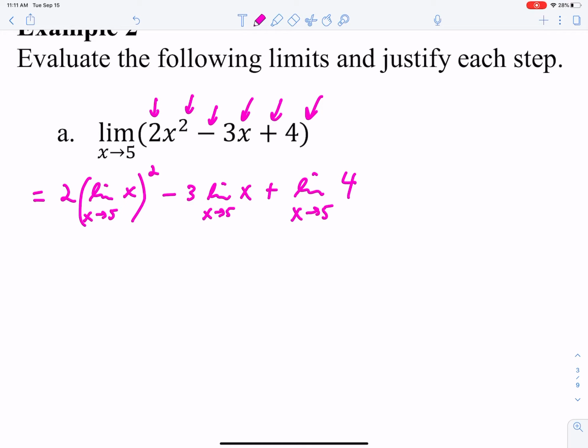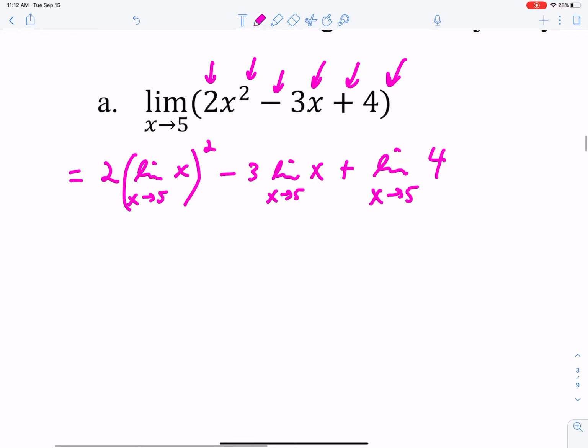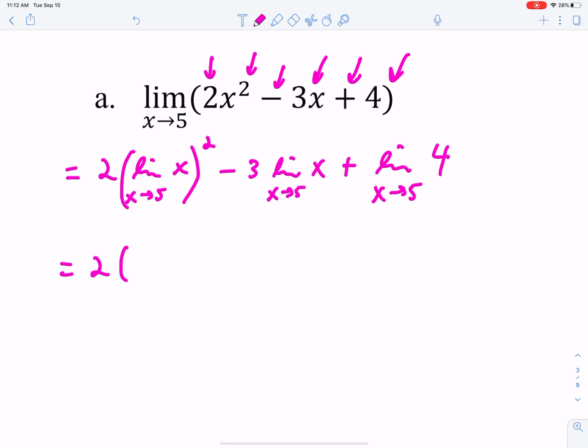Okay, so now we just find all the parts. So here we go, 2 times something squared. So we have a rule that says for the limit as x approaches 5 of the function x, the answer is the a value, 5, right? Minus 3 times, well, we just found this value, didn't we? It's 5.